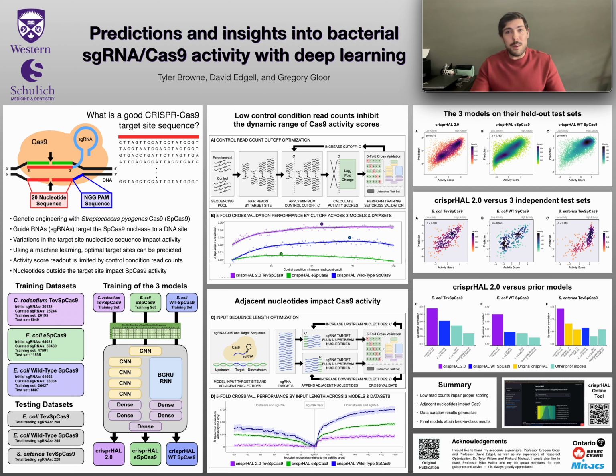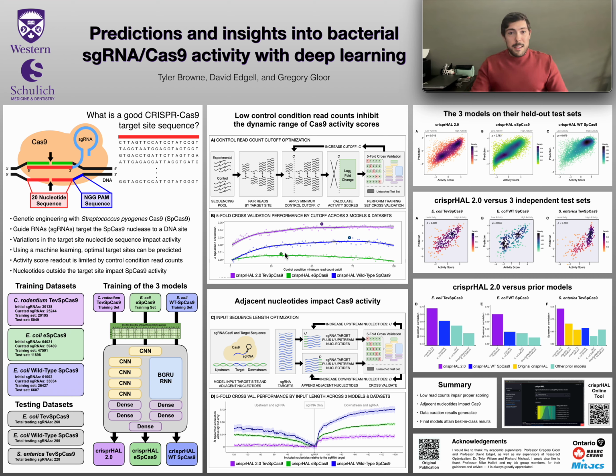So what I did was, with this value that I'm calling C, I'm just using a cutoff, that C value, for a minimum control condition read count per target site, per sgRNA. And then I am calculating all of the subsequent log fold change scores and putting that through 5-fold cross-validation with each of the three models, each of the three training data sets.